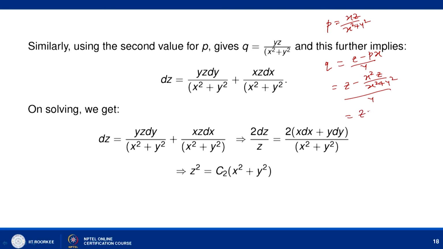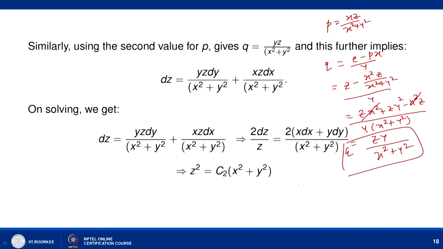If you simplify, zx square plus zy square minus x square z, divided by y times x square plus y square. So, zx square is cancelled out here. So, here we will get zy upon x square plus y square. So, that is the value of q. So, q is zy upon x square plus y square.